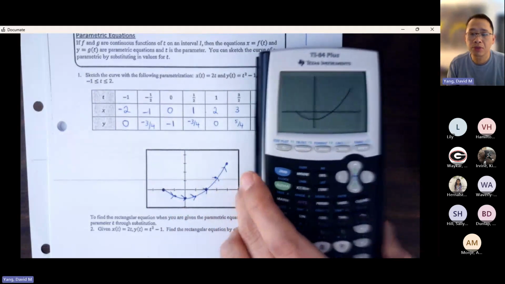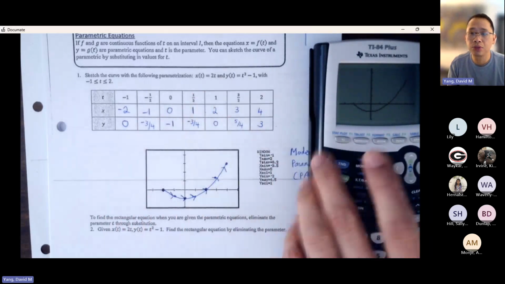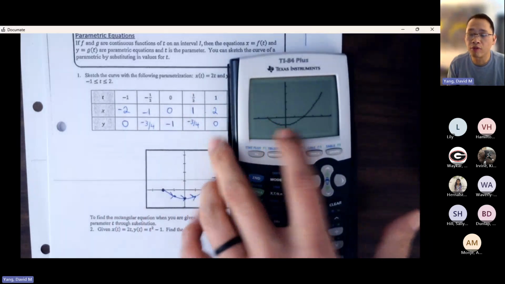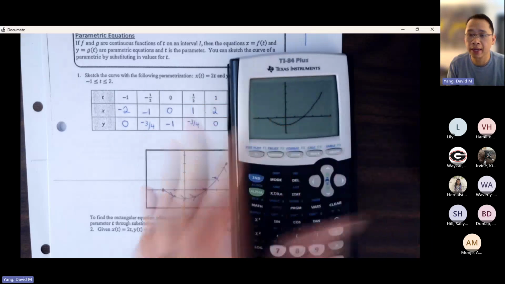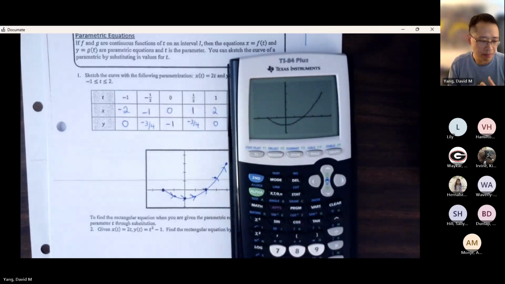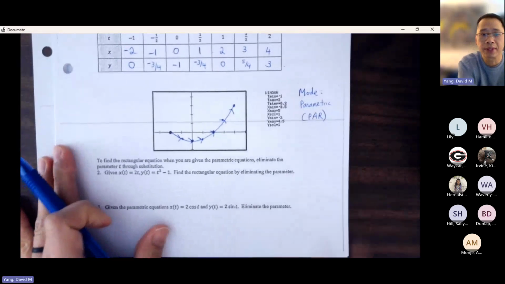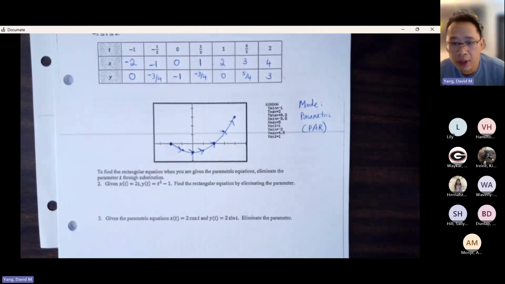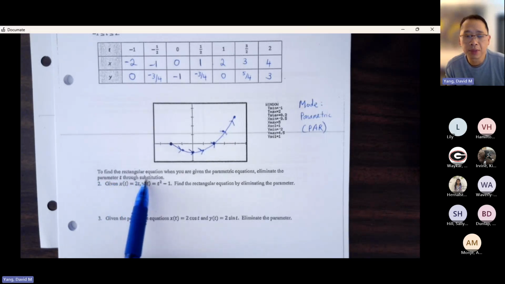Now, what we can also do is take something in parametric equation and turn it into what we are more familiar with, a rectangular equation, in terms of just x and y, a normal quadratic function. So let's try that as well. So number 2, to find the rectangular equation when you are given the parametric equation, we can eliminate the parameter t through substitution.